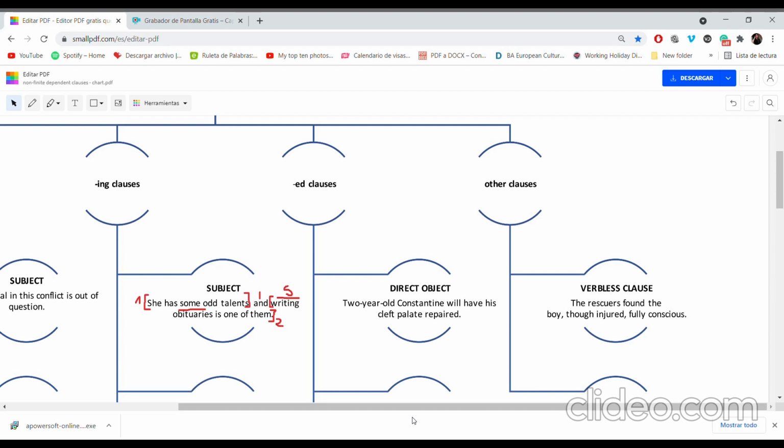And it's not the same with ed clauses and other types of clauses such as verbless clauses and supplement clauses. They perform fewer functions, or they are not highly integrated into the major structure of the clause.